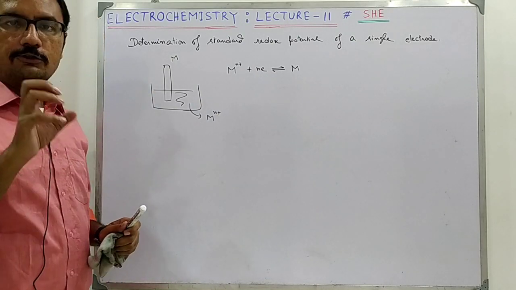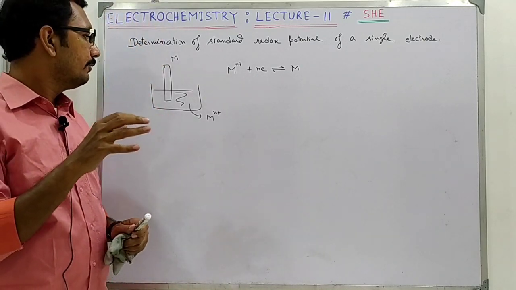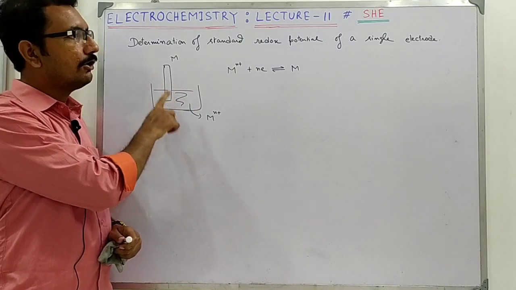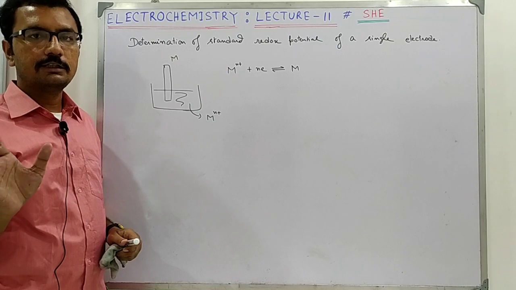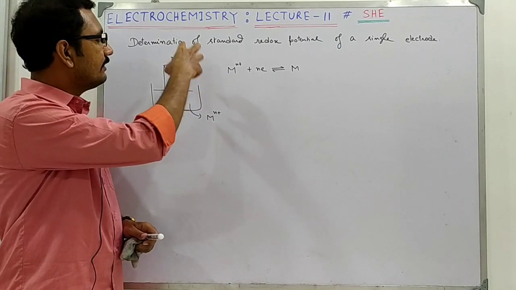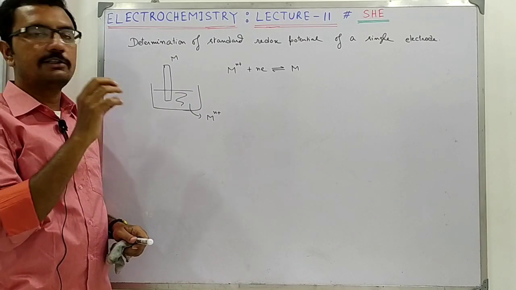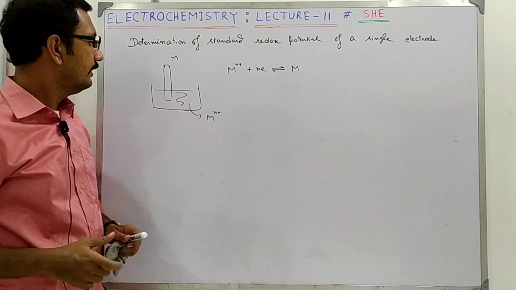Now no such instrument has been discovered yet which can determine the standard reduction potential of this single electrode. There is no instrument that you can connect to this electrode and determine the standard electrode potential for this half cell.